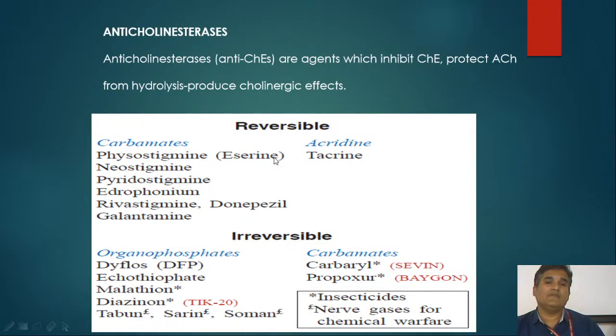When you see individual drugs, one is the reversible inhibitor, the other is the irreversible inhibitor. The enzyme cholinesterase, which degrades acetylcholine, is inhibited by all these compounds.